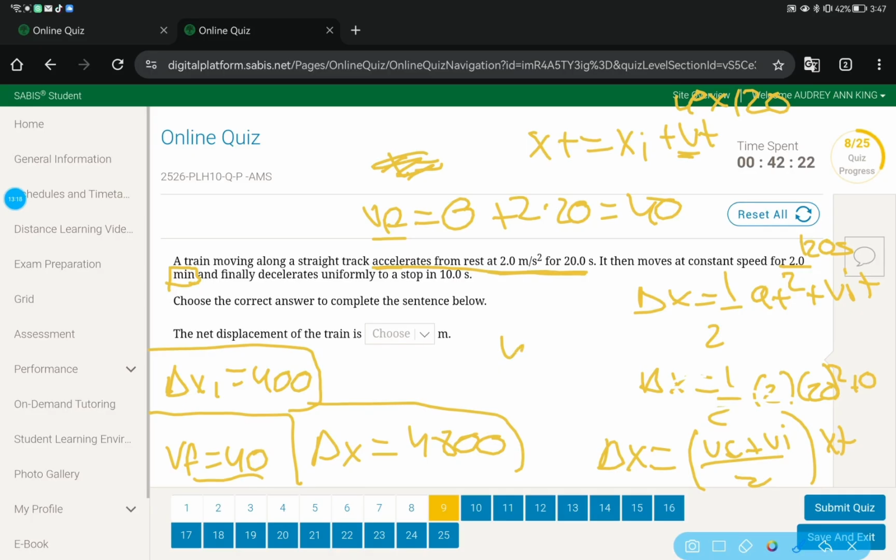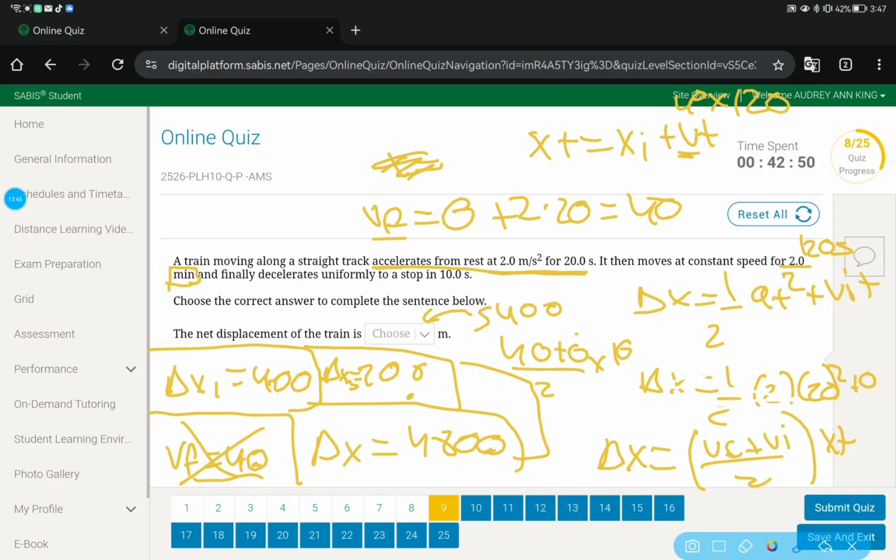So 40 plus 0 over 2 times 10. So you get 200 for the last one. And when you add, okay, leave these values because this is what you got in order to find these last two. So 4,800 plus 200 plus 400 is 5,400, which is the answer.